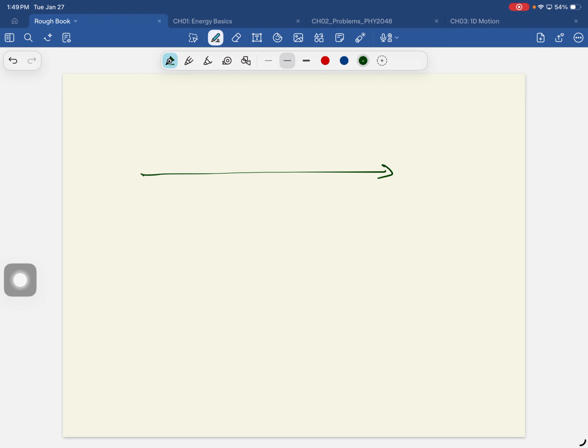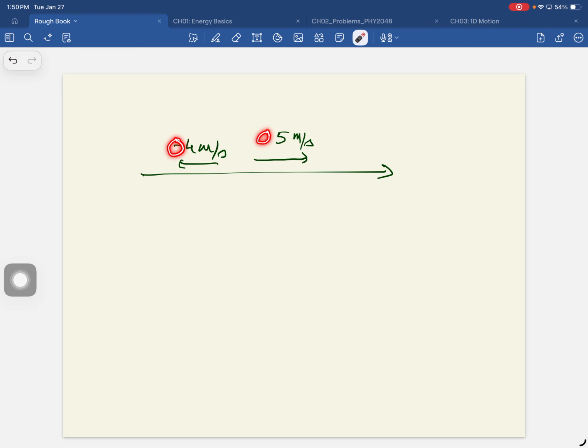Okay. Forces cause change in motion. When you apply a force on an object, as you'll learn in a few chapters, the object will accelerate. What does it mean when you say it accelerates? Its velocity changes. See, that's what this is.